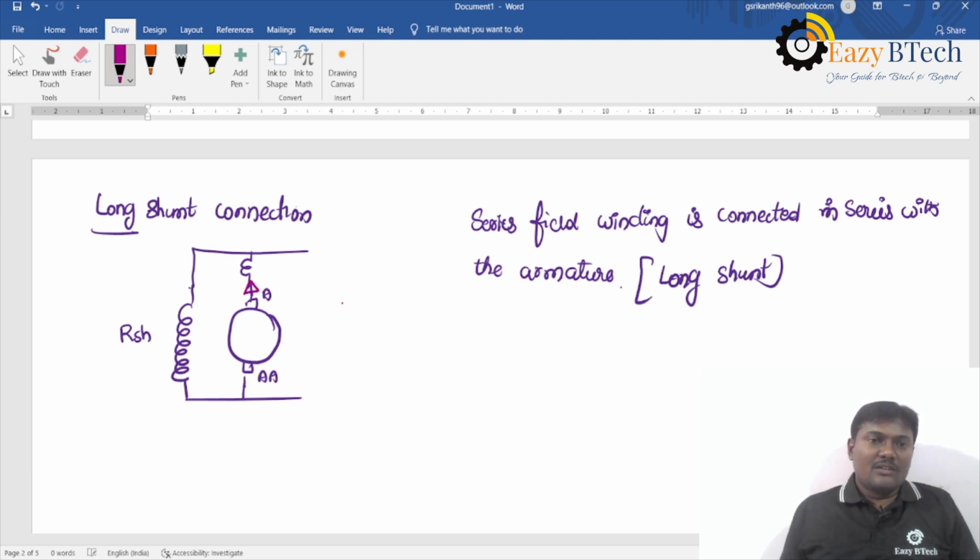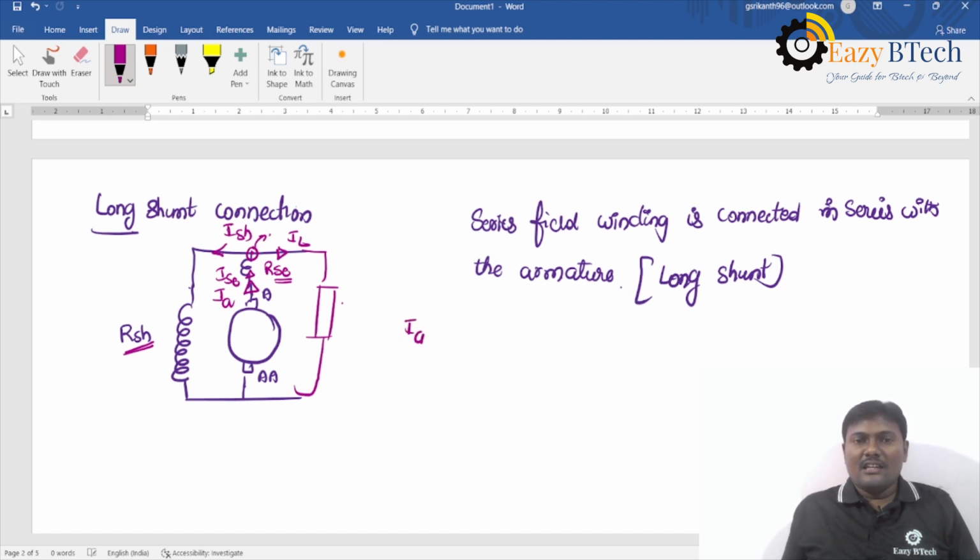So the current delivered from the armature is Ia and the current flowing through the series field winding is Isc, and the shunt field winding resistance is Rsh and series field winding resistance is Rsc. This current is divided into two currents, load current and shunt current. If you apply KCL at this point, Ia is equal to IL plus ISH.